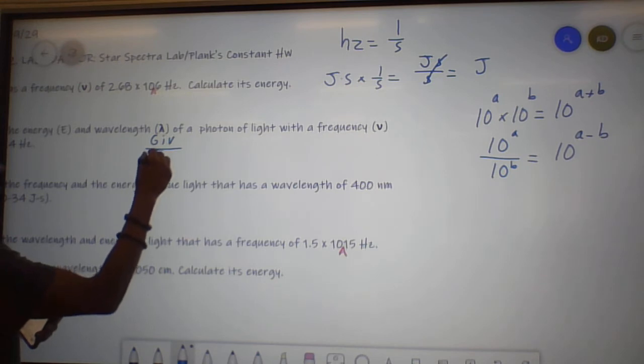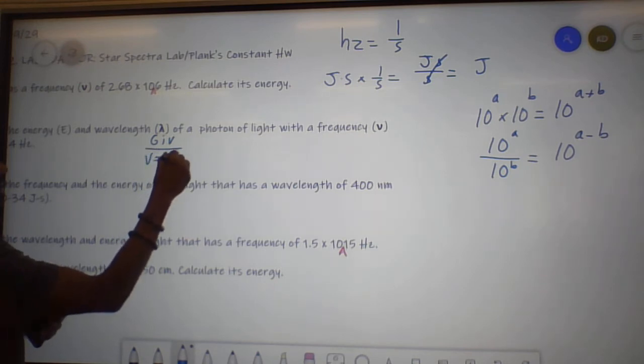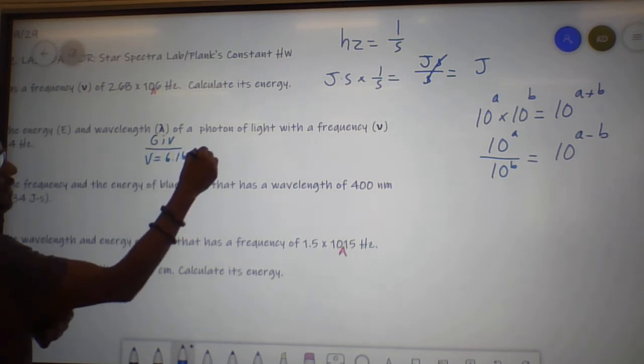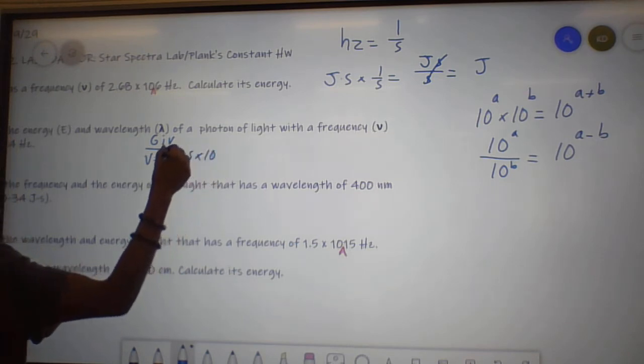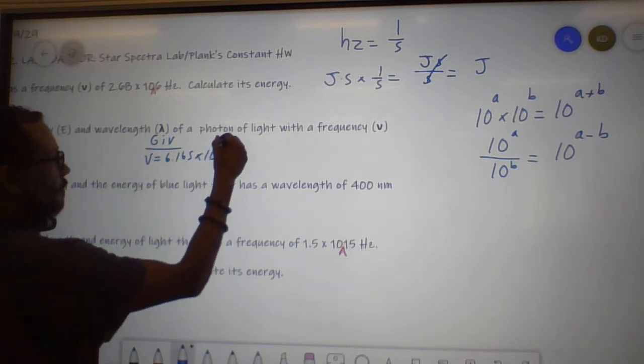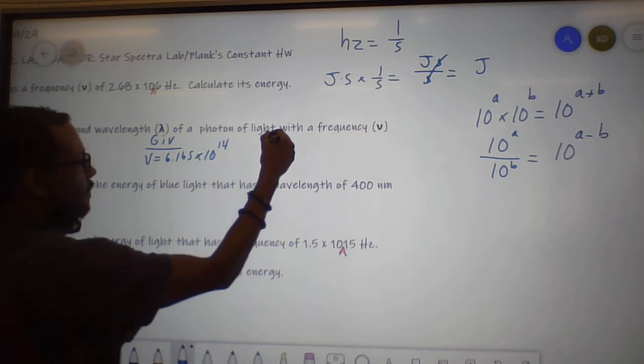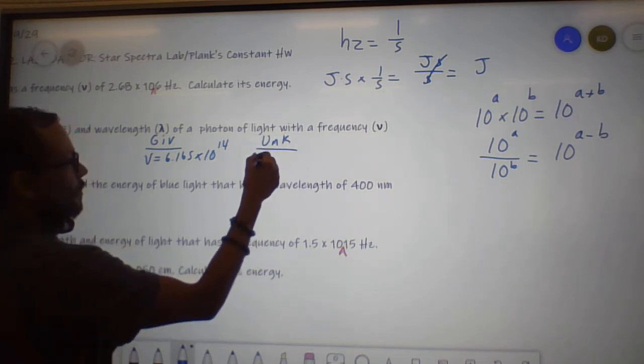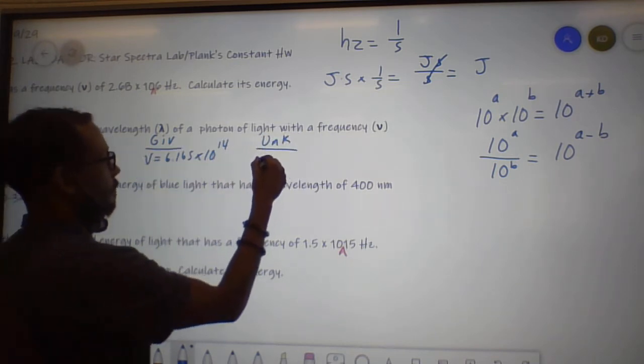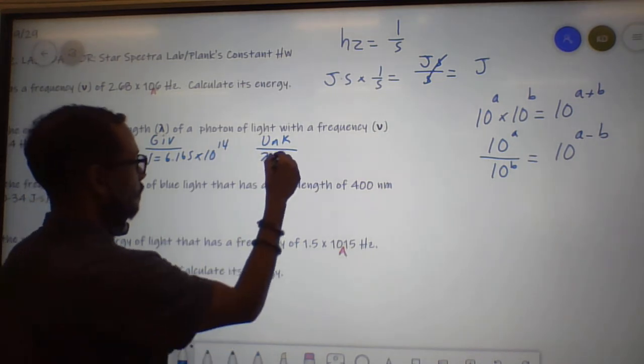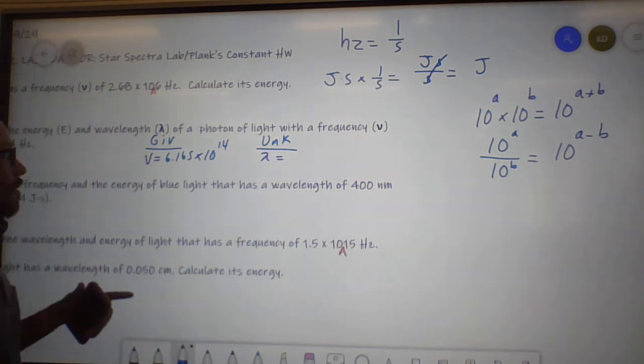The given is the frequency, 6.165 times 10 to the 14th. We have the unknown. They want us to find the wavelength.